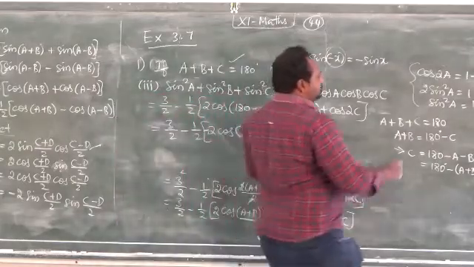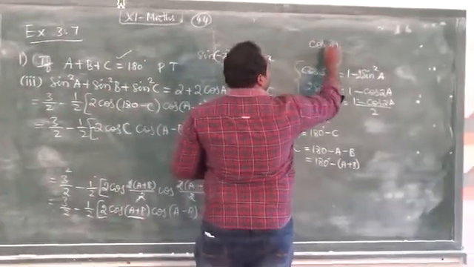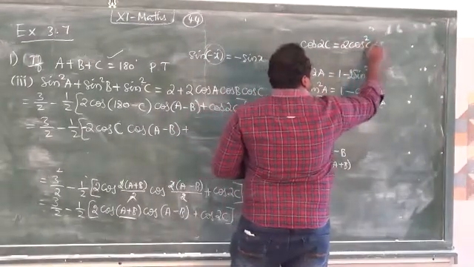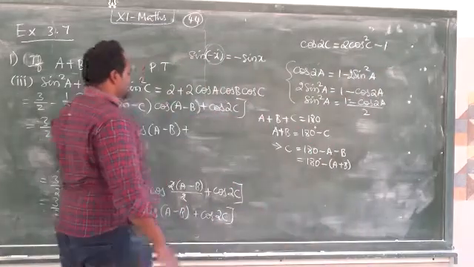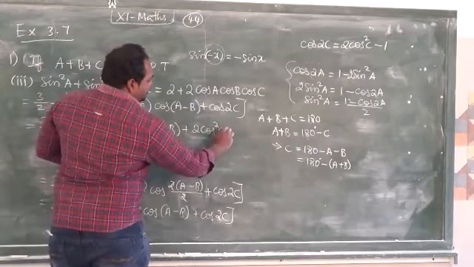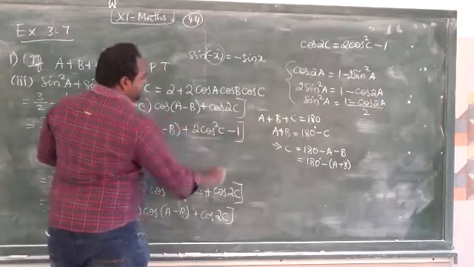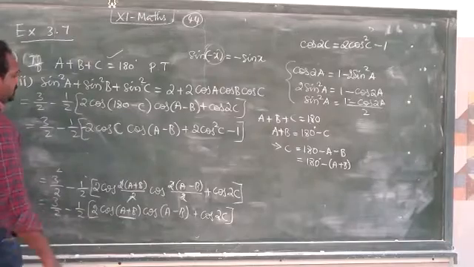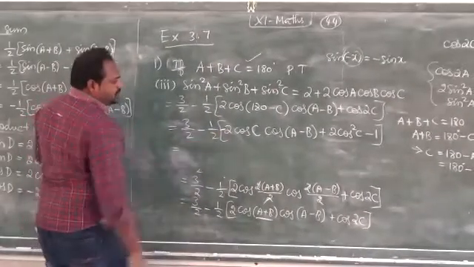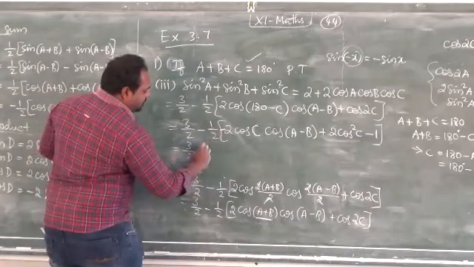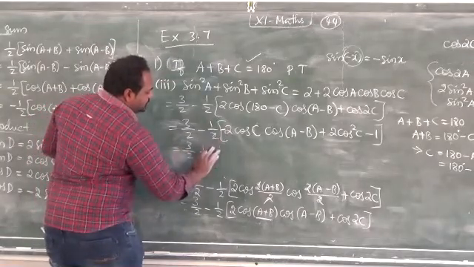Cos 2c: I'm going to use the formula 2 cos square c minus 1. Instead of cos 2c, I'm going to use this formula here. Multiply 1 by 2 inside, minus 1 by 2 inside this bracket, 3 by 2; minus into minus will become plus, and 2 will be cancelled.